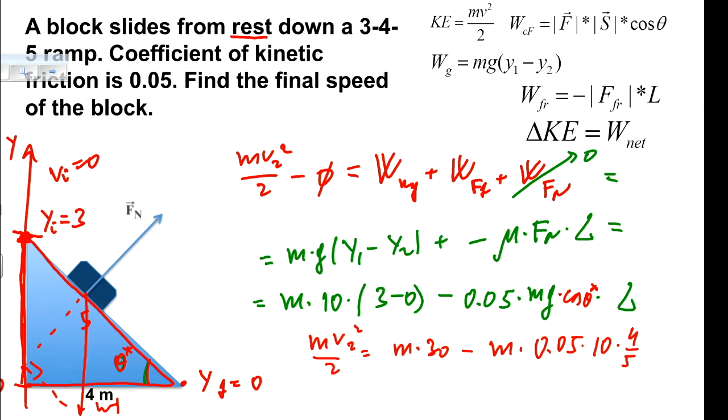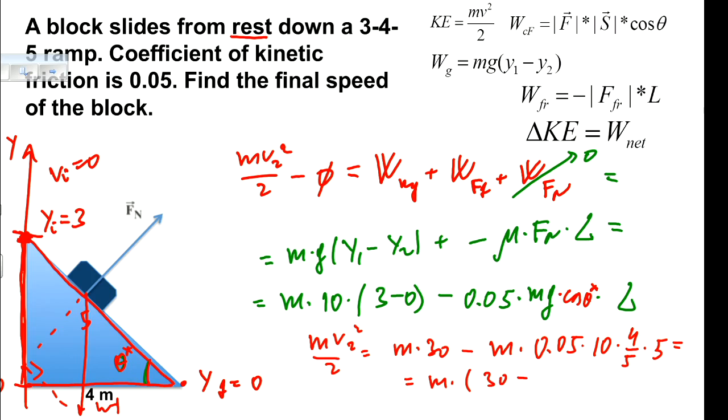We don't really need this angle. All we need is the cosine of that angle, and cosine equals the side adjacent to the angle over the hypotenuse, and that's 4/5, 4/5 times distance traveled. So from the top to the bottom, the distance traveled by the block equals what number? 5. That's the length of this ramp. Well, so which equals m. We use it as a common factor.